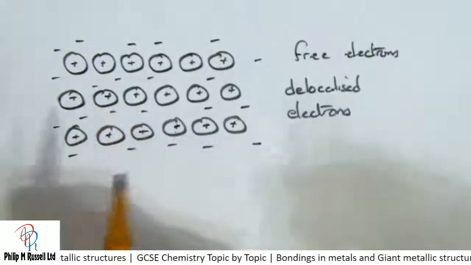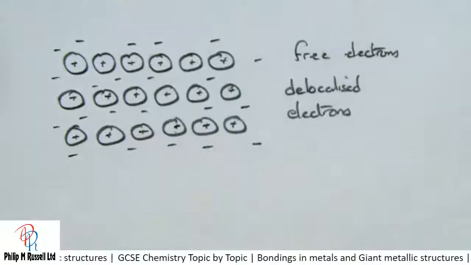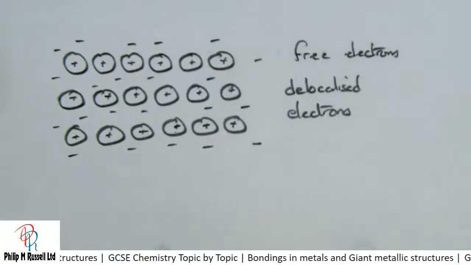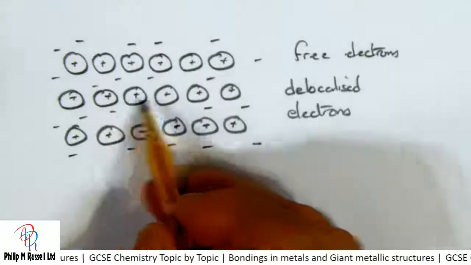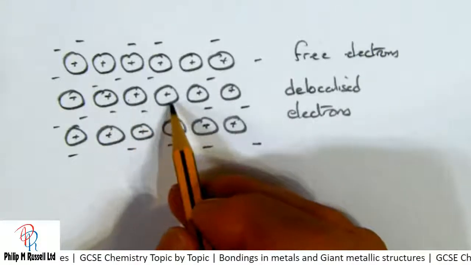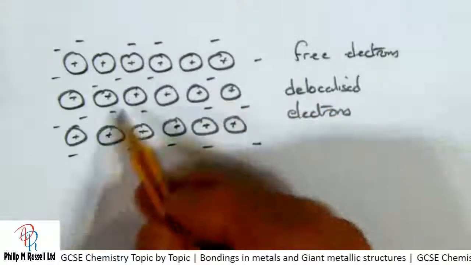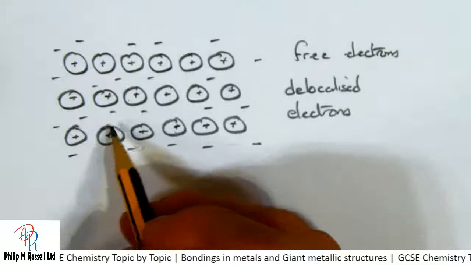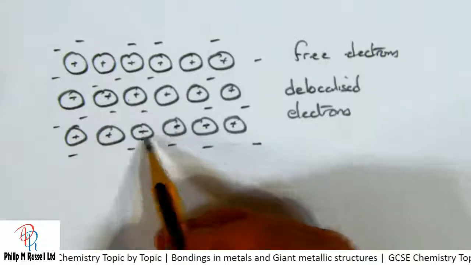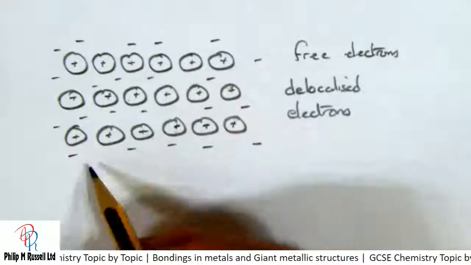Okay, how does this give us some idea about how the bonds work? Well, since we've got positively charged metal ions surrounded by, if you like, this sea of delocalized electrons, there is a strong bond here, and this attracts and keeps all the atoms in place.